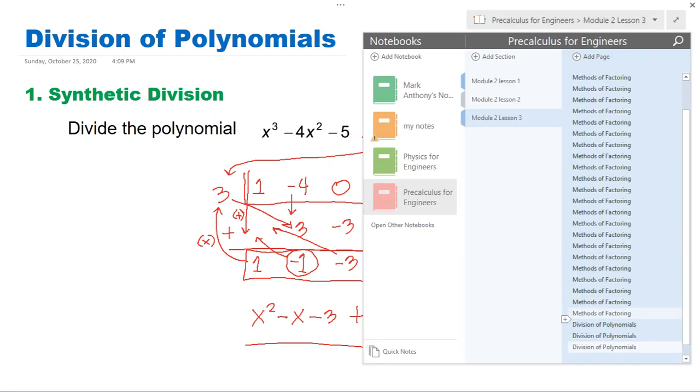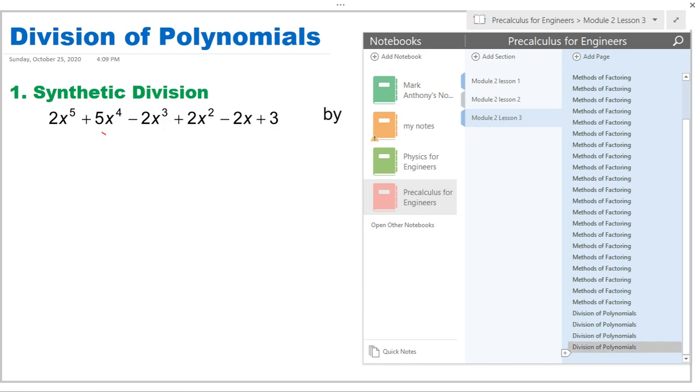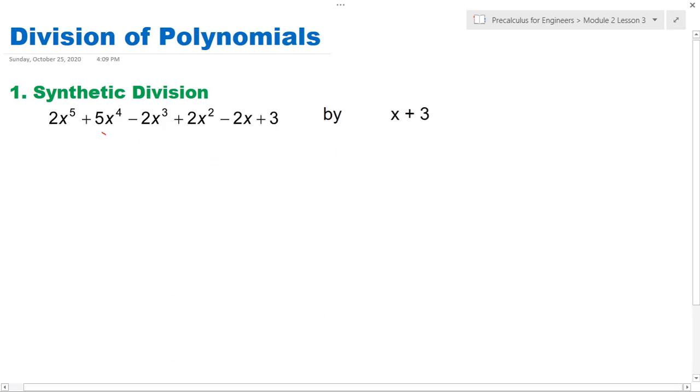So, let's have the final example for synthetic division. Okay, any questions? I heard something.